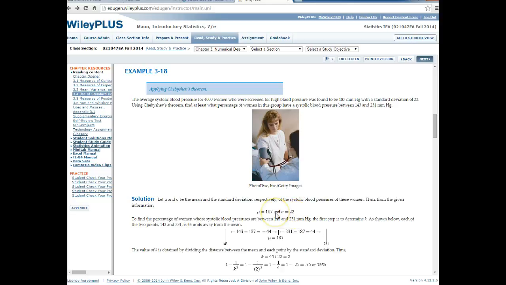The standard deviation was 22. So if you go 1 standard deviation above the mean, what blood pressure is that? Can somebody tell me?